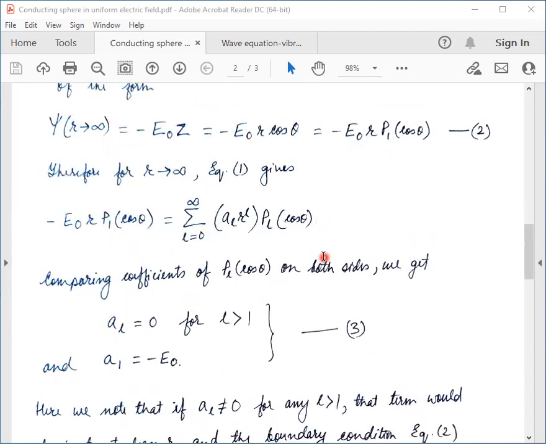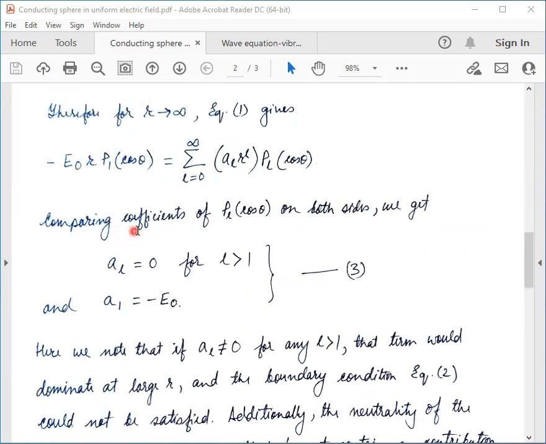Now, comparing coefficients of P_L(cos theta) on both sides, we get A_L should be 0 for L greater than 1, because on the left hand side, the only Legendre polynomial that we have is P1. So all other P_L for L greater than 1 should be 0.